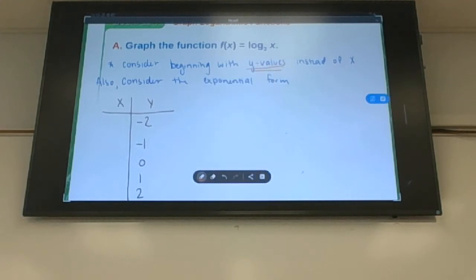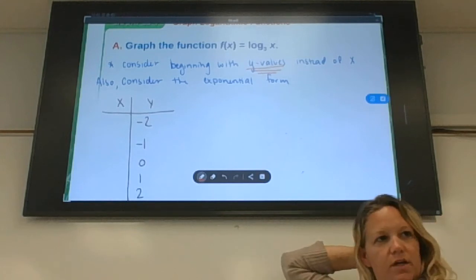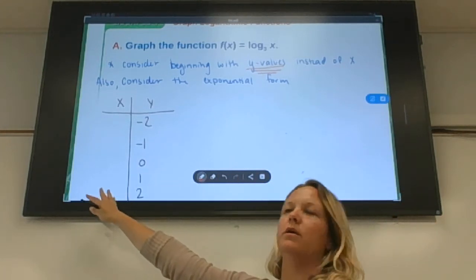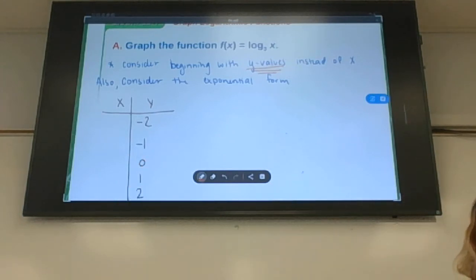So I'm plugging in y values, negative 2 through 2. Normally we put in the x column, right? Because it's the independent variable. But this kind of helps with comprehension. So converting this to exponential form, f of x is y.